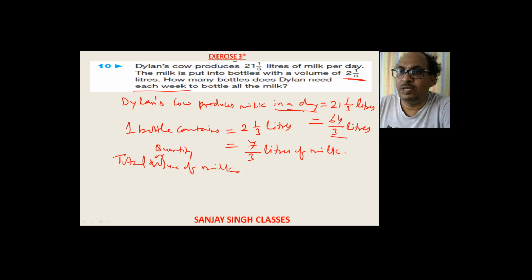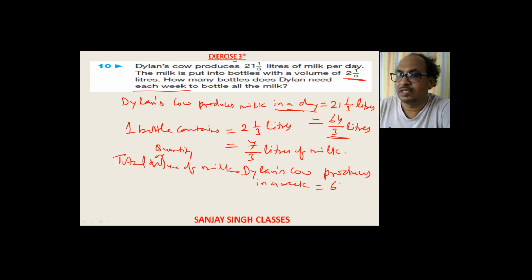Total quantity of milk Dayalan's cow produces in a week. So it means it is per day, we need to multiply it with 7. So 64 by 3 into 7 liters.